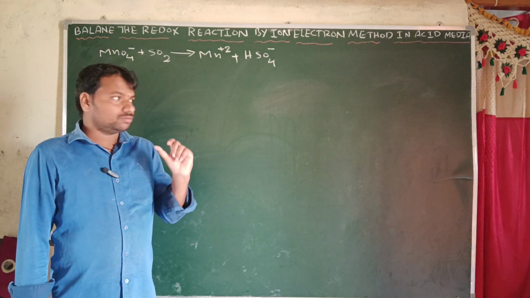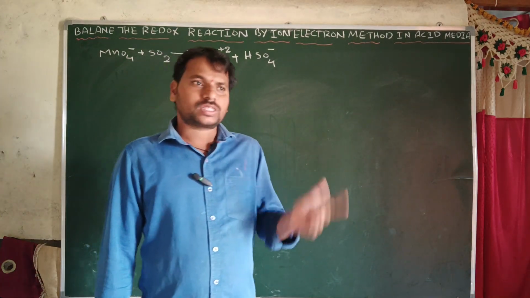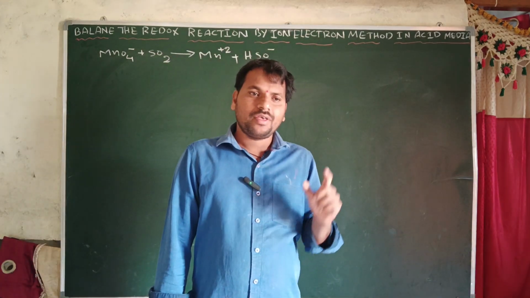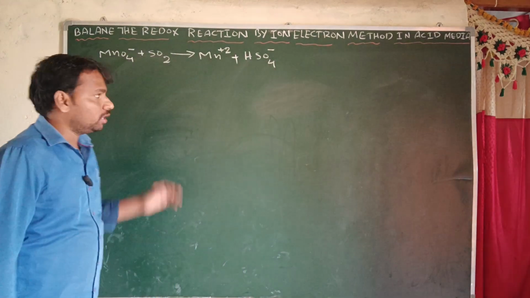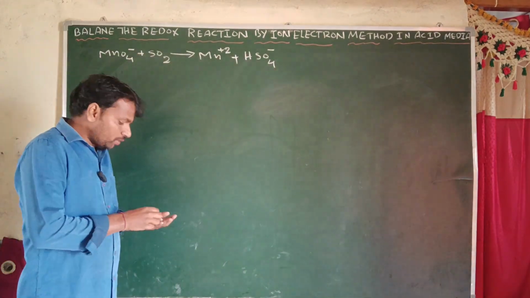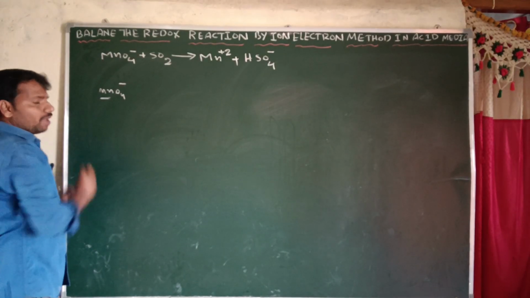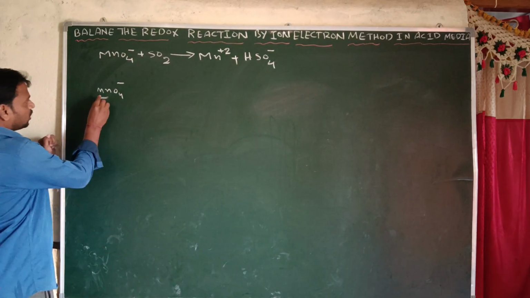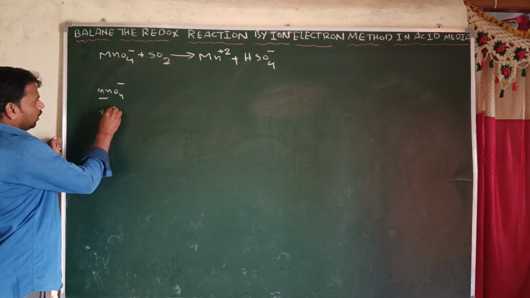To balance a redox reaction, first of all we have to calculate the oxidation states of the central atoms in the reaction. First, MnO4 minus. Let me find the manganese oxidation state. Assume it as x, and there are 4 oxygens.